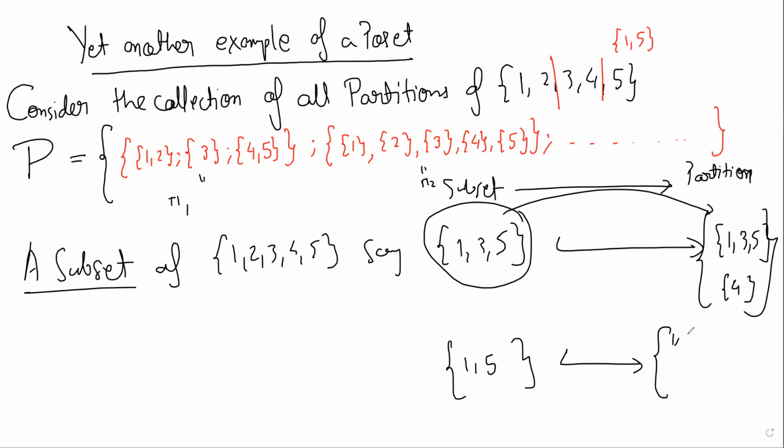So this is 2, 3, 4. It gives this. So first of all, see if it's clear how, given a subset, I'm associating a partition to it naturally. And two different subsets will always give two different partitions.